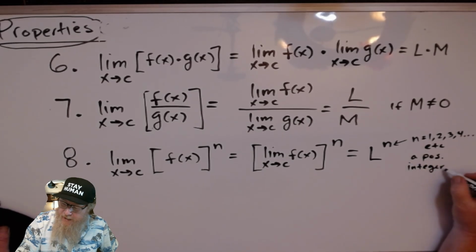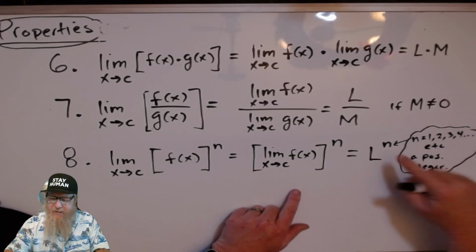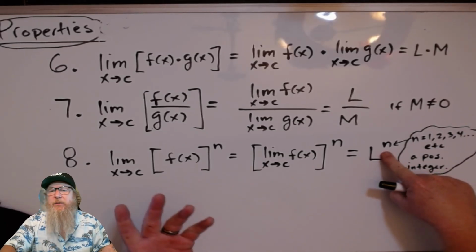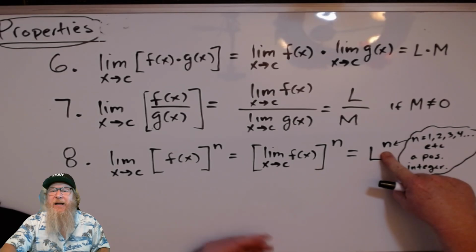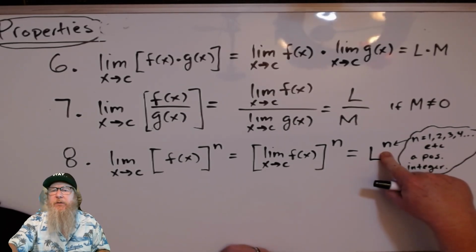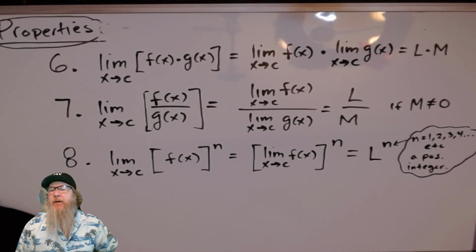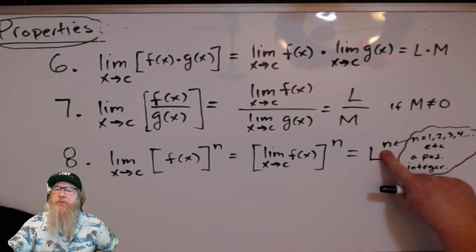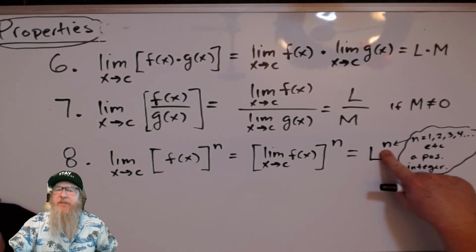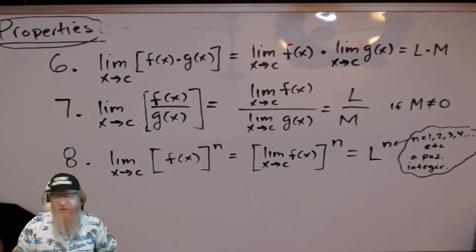So this property is not necessarily true if the power was a decimal, like 0.5, or a negative number, like -1. This property may or may not be true. It's not guaranteed to be true. So just think of this just like elementary school powers, first power, second power, third power, things like that. Also known as whole numbers.